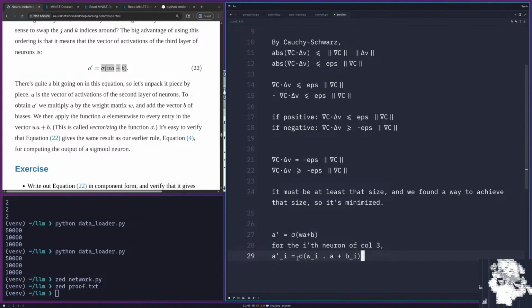Because if you take a row of a matrix dot product a vector, you basically do this for each row of the matrix in order to get the vectorized result. So the ith entry of this equals the ith entry of that. I'm going to omit the sum over i parts.